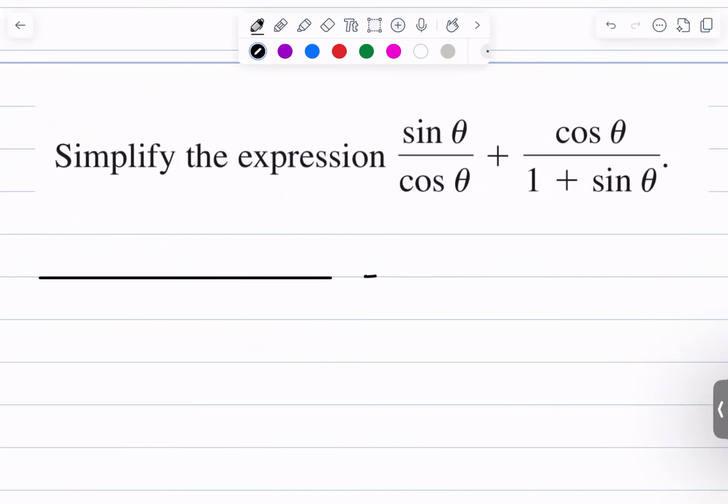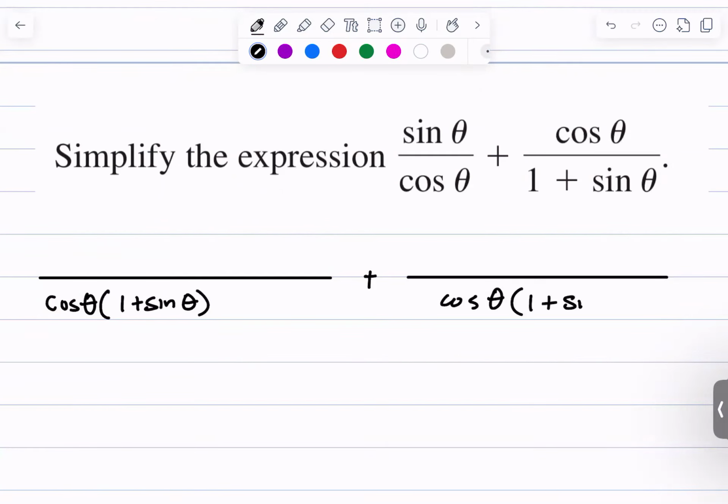So I'm going to get the common denominator. For this first few, I'm going to split it up like that first so that I can show you guys what we're doing step by step. Okay, that's my common denominator. Cosine times 1 plus sine.